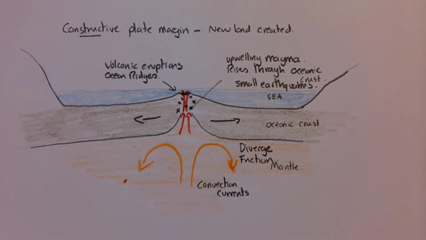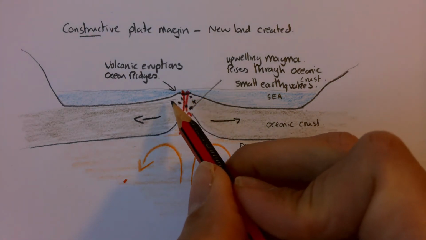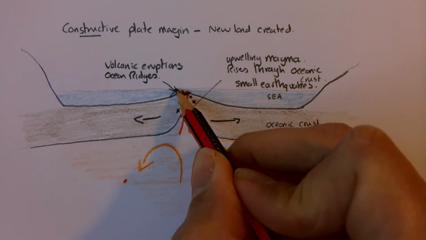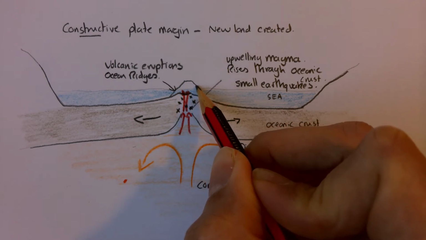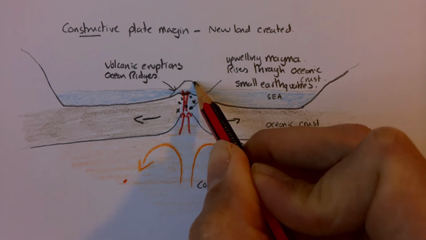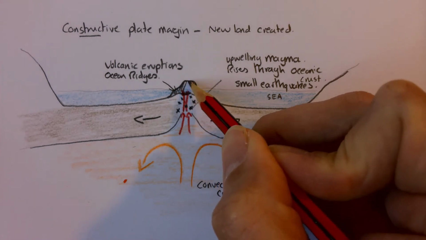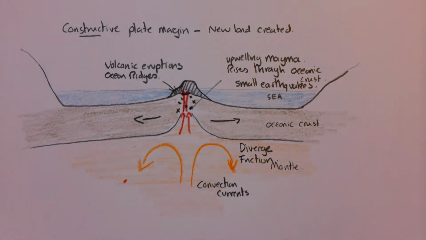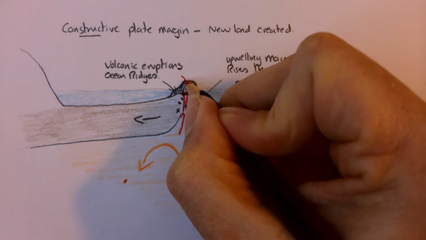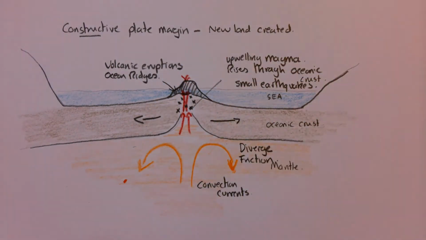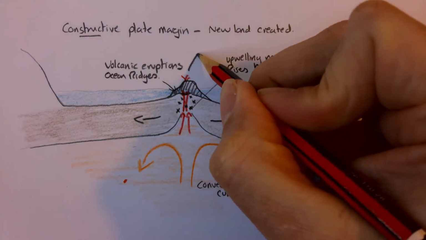In certain places, that volcanic activity is so large that the ocean ridge will actually break the surface of the ocean and form new land at the surface. Volcanism here, which is still occurring, tends to be very hot and runny lava.